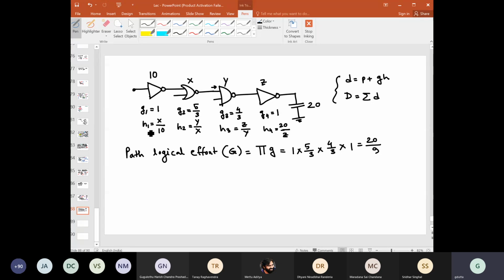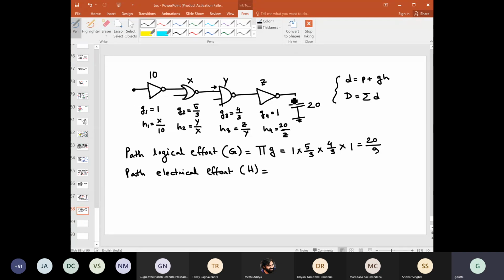Then we have also found the individual H, the electrical effort for each individual gate. But if you consider the total path from here till here, then we can write the path electrical effort, which is given by H. We are trying to find the path electrical effort.